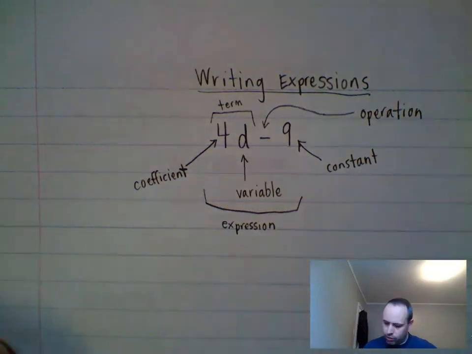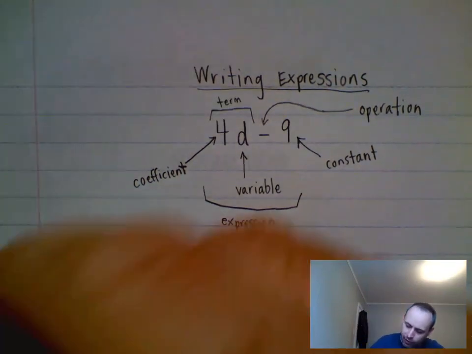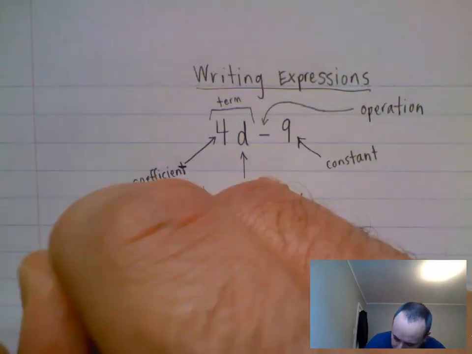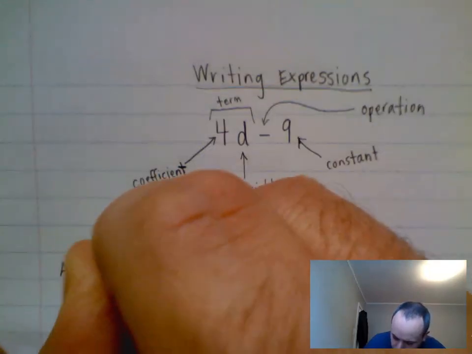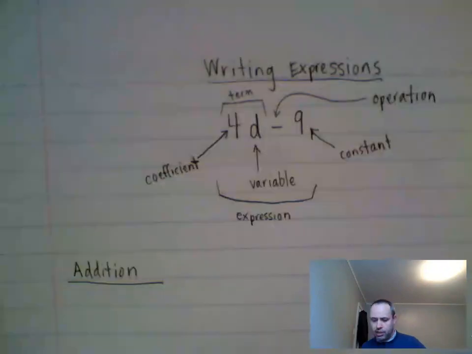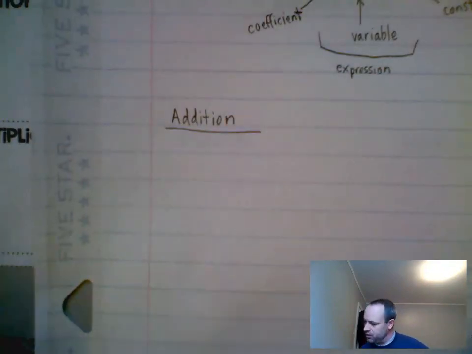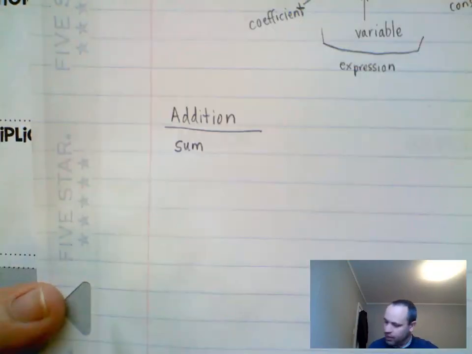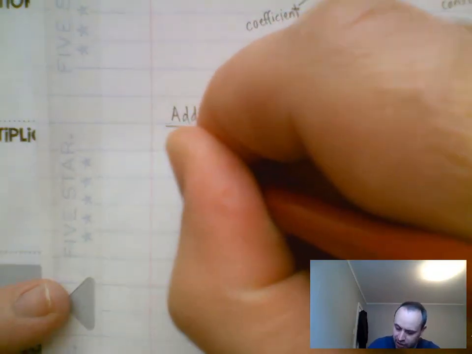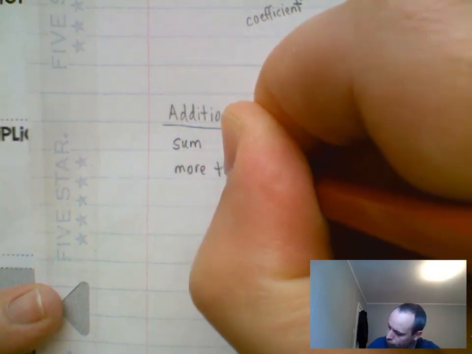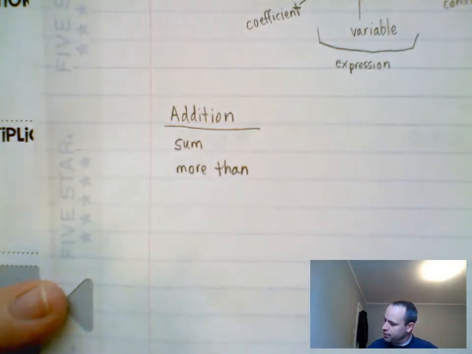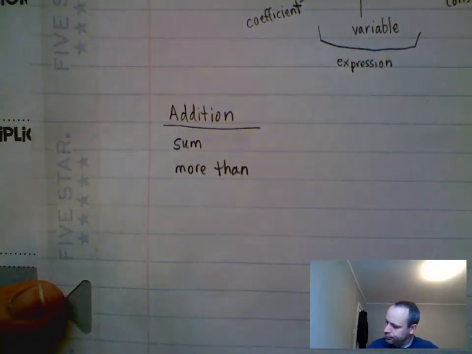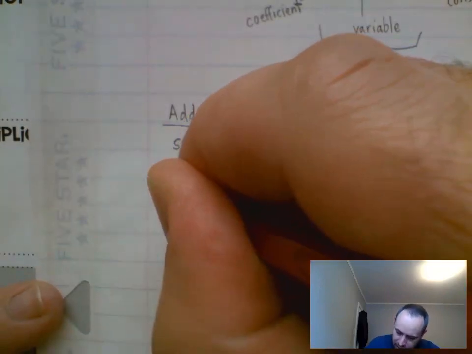Okay, now there are some words we need to know, like for addition. They're going to use some words like, I think we talked about briefly the other day, sum. They might use the words more than. Please write these down. They might use the words in all.